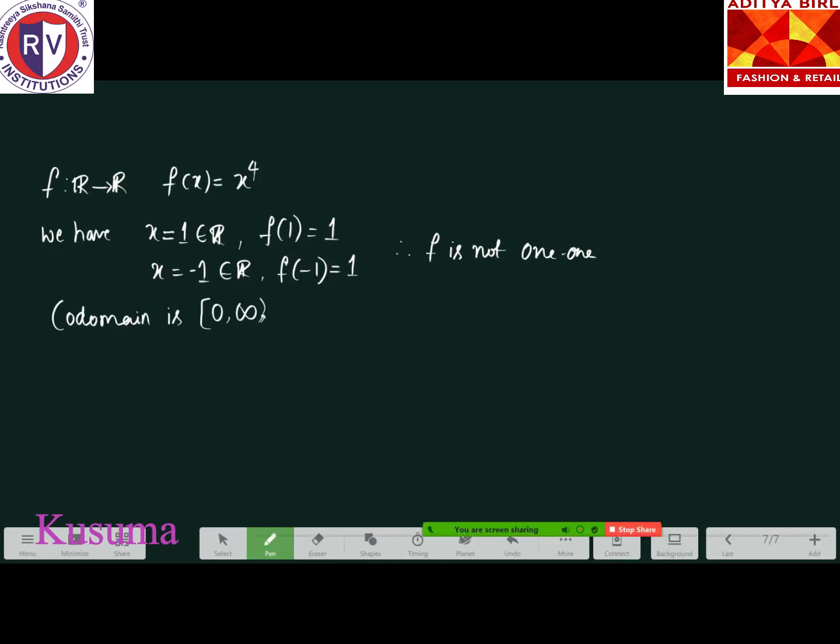So here, since the entire codomain is not equal to the range, f is not onto. Therefore, the function f of x equal to x to the power of 4 is neither 1-1 nor onto, which is your option B.